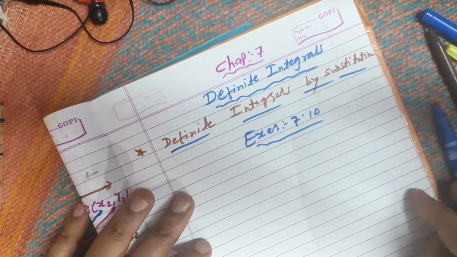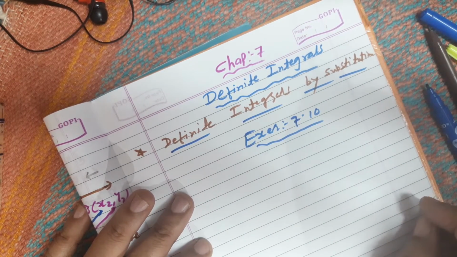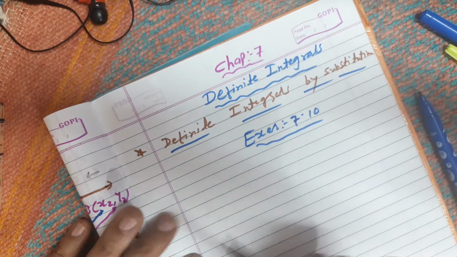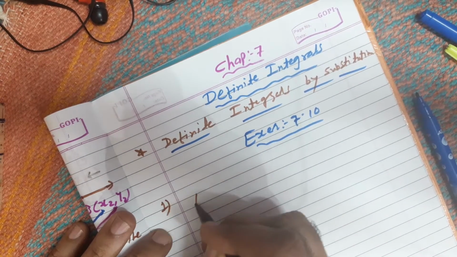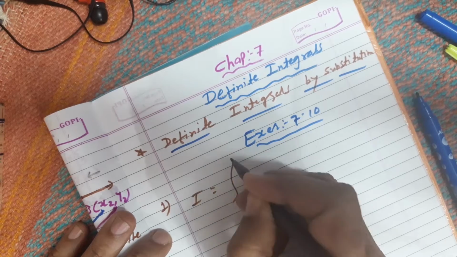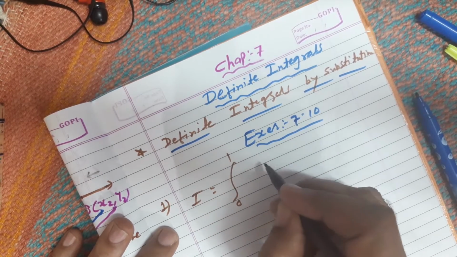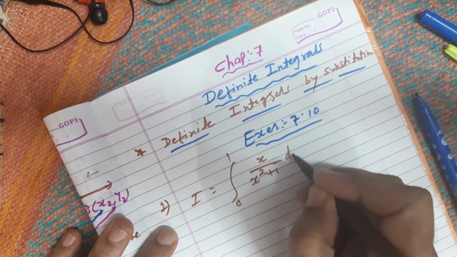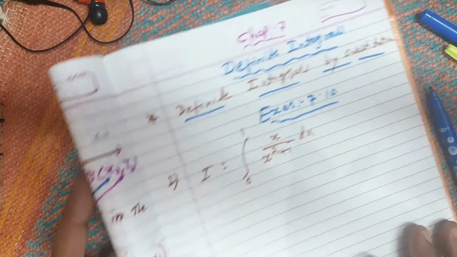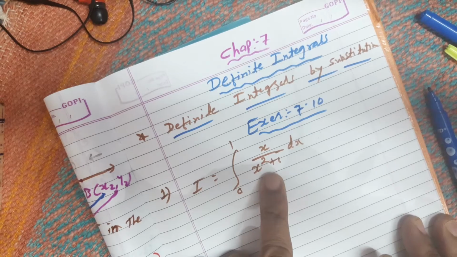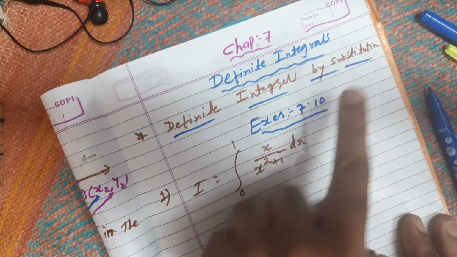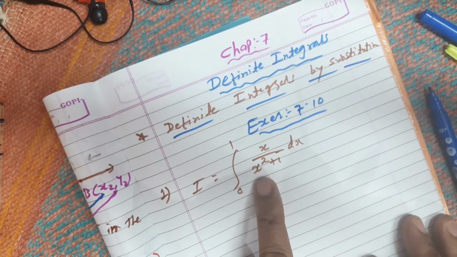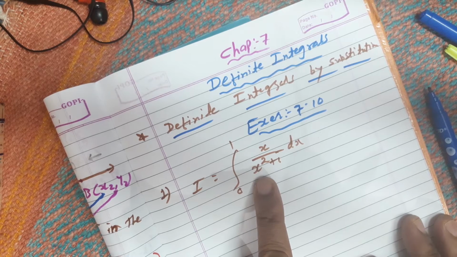Now all of you keep the textbook open. Sum number 1: integration from 0 to 1, x upon x square plus 1. First thing you have to remember: they say substitution, but I can use other methods also.